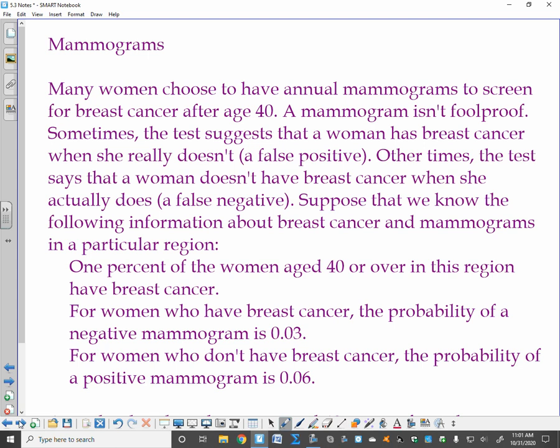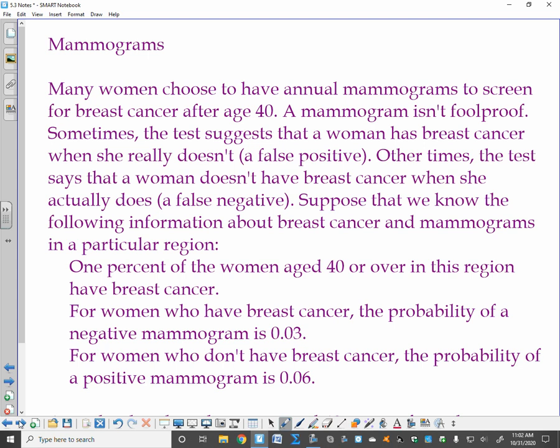Mammograms. Many women choose to have an annual mammogram to screen for breast cancer. After age 40, a mammogram isn't foolproof. Sometimes the test suggests that a woman has breast cancer when she really doesn't, which is a false positive. And other times the test says that a woman doesn't have breast cancer when she actually does, which is a false negative.